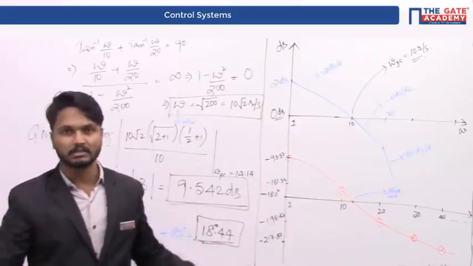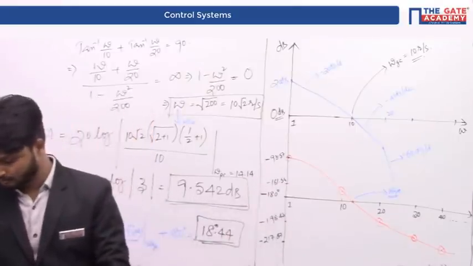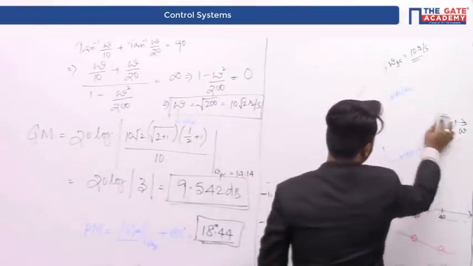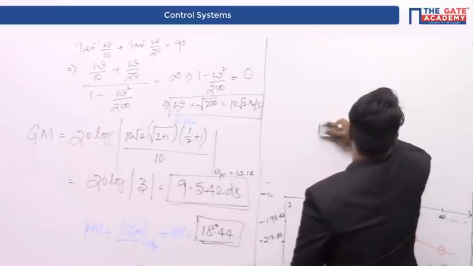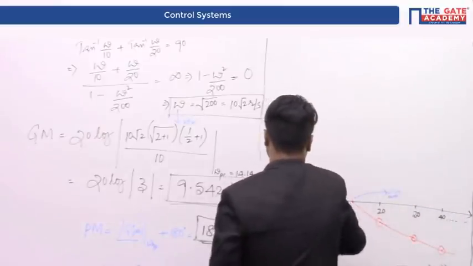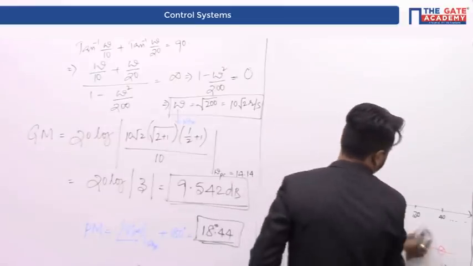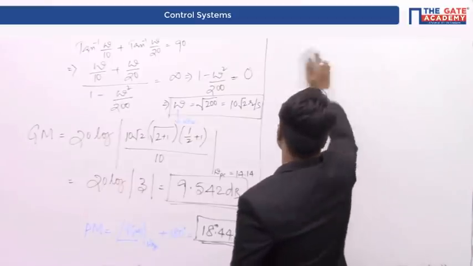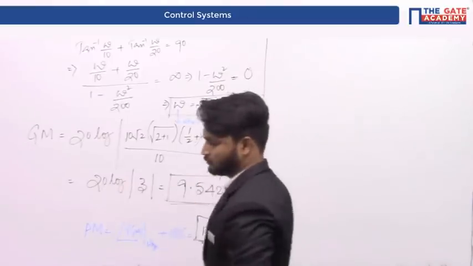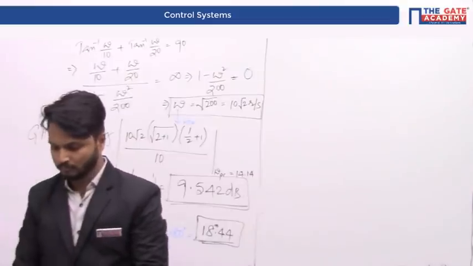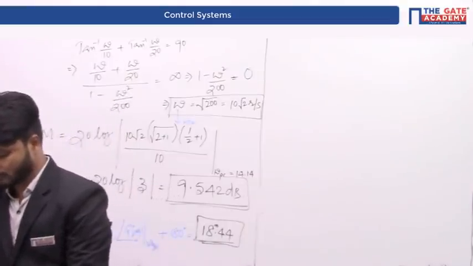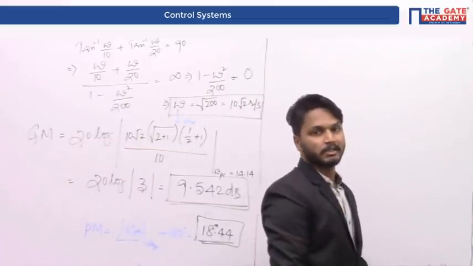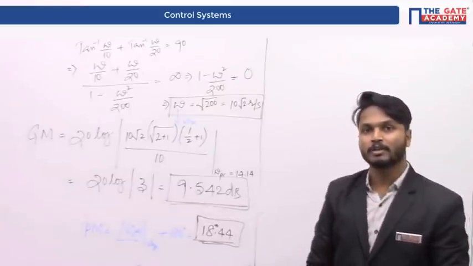For the second question, let us just erase the other side also. So, second question is asked: if the gain margin is 20 decibels, then the value of K for this.